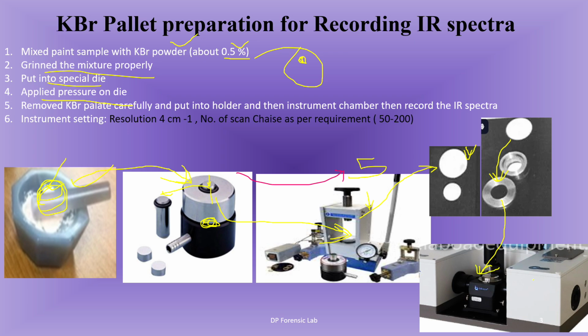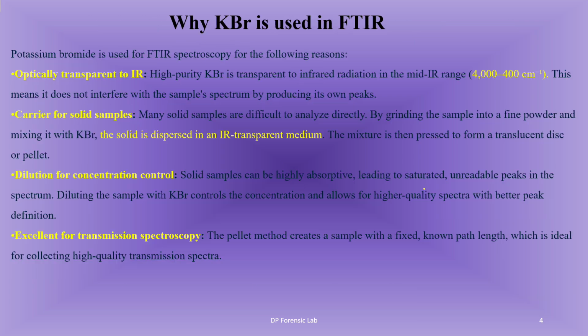So IR comes from this side, passes through the sample, and on the other side you get the IR spectra after transmission. So this is the KBr plate method, or the transmission method. Why is KBr used in FTIR?